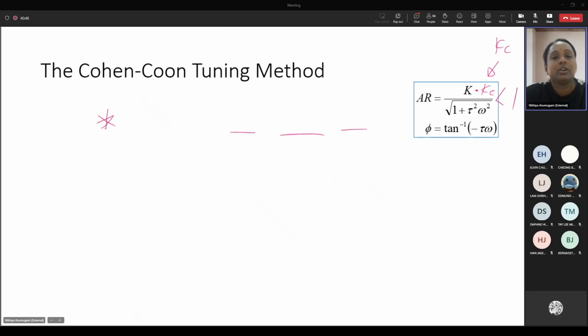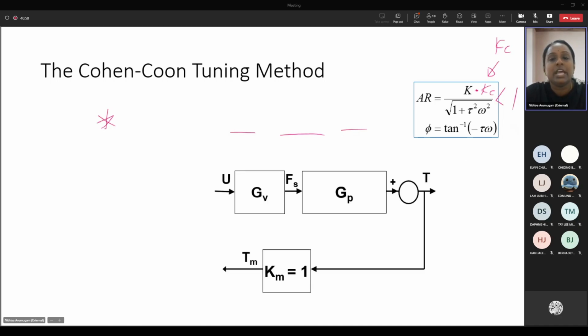In the Cohen-Coon tuning method, the amplitude ratio requirement or the rules will be the same. It must be less than 1, and the phase angle must be equal to negative 180 degrees.